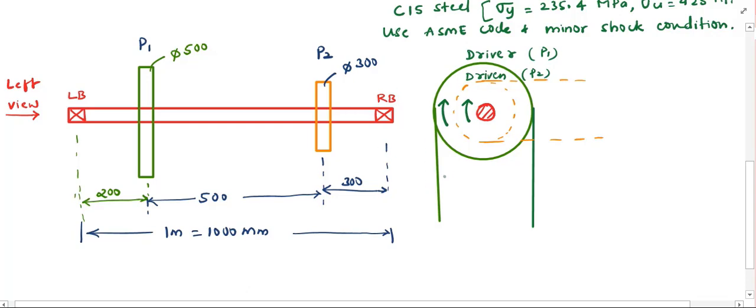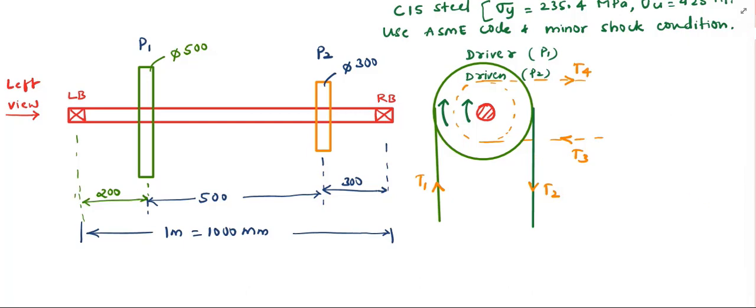The tensions on the driver pulley will be T1 and T2. The tensions on the driven pulley are T3 and T4.